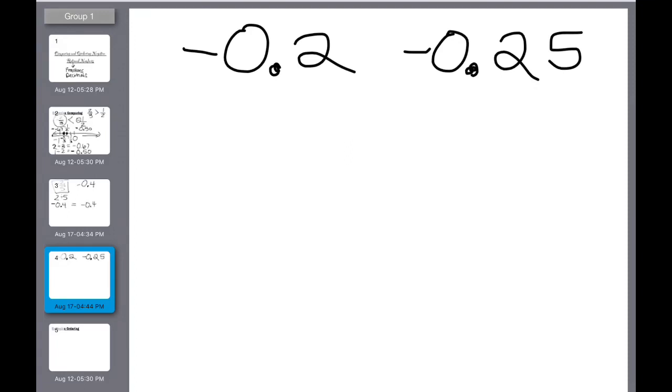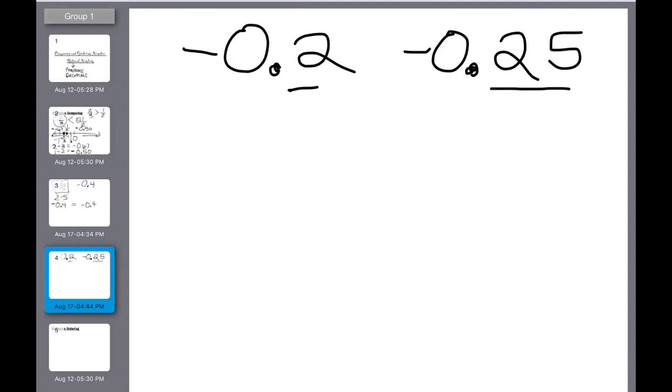So these are two decimals that we are comparing. Remember, as I said in the first example, if your decimals do not have the same number of decimal places, I highly suggest that you add zeros so that they're easier to compare. Notice that this decimal has two decimal places, tenths and hundredths, but this decimal only has one decimal place, tenths.